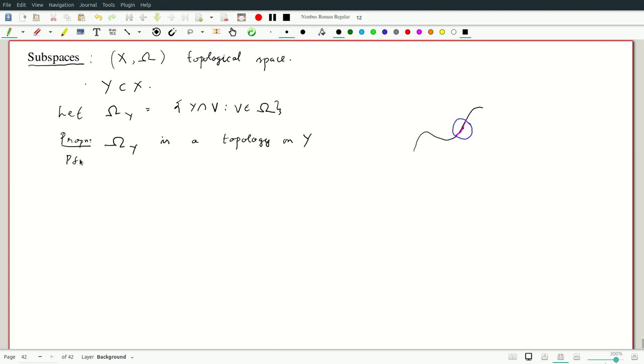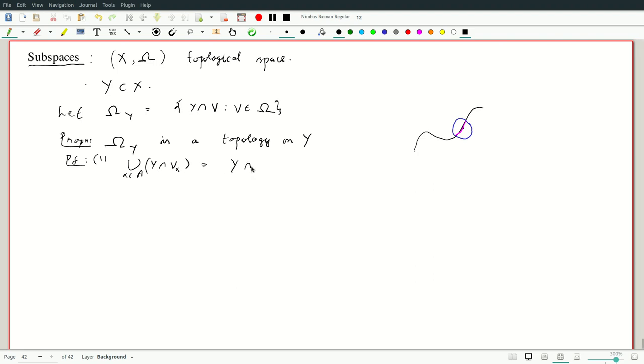Of course, the first thing is union. If I took a union of sets of this form, this depends on distributivity. Namely, we want to show it's closed under union. If I look at the union, alpha belongs to A, of sets Y intersection V_alpha, well, we have distributivity of intersection over union.